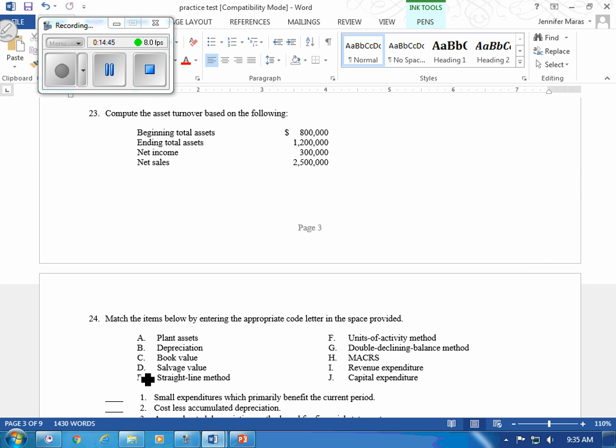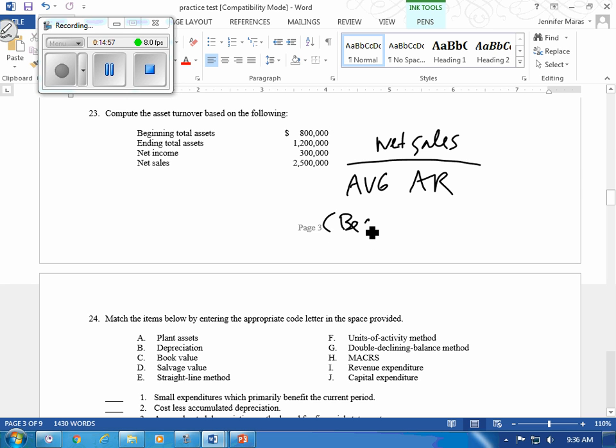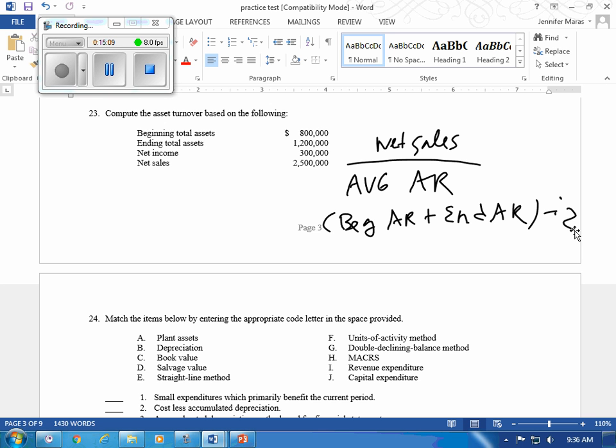The math equation to get it is net sales divided by average AR, which we know is beginning AR plus ending AR divided by 2. So it's 2.5 million divided by 800,000 and, well, 1.2 million divided by 2.